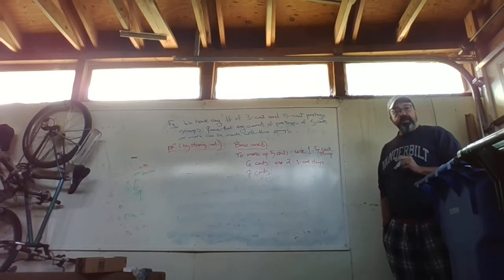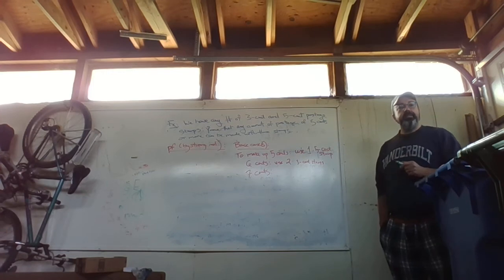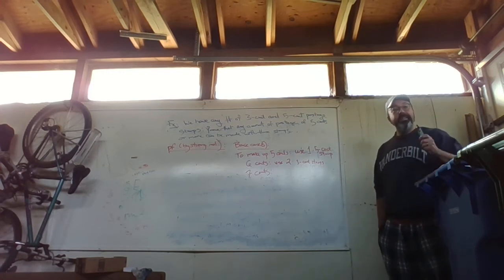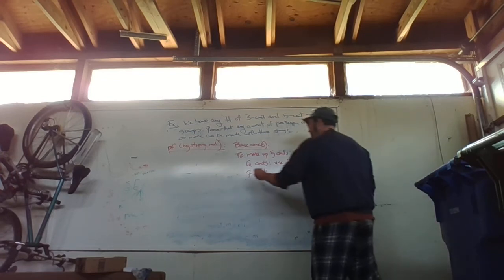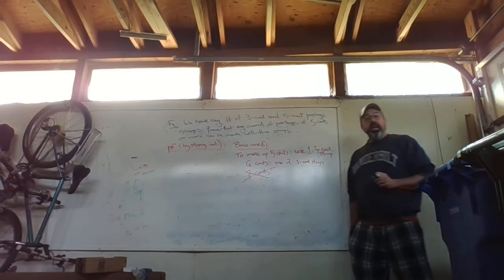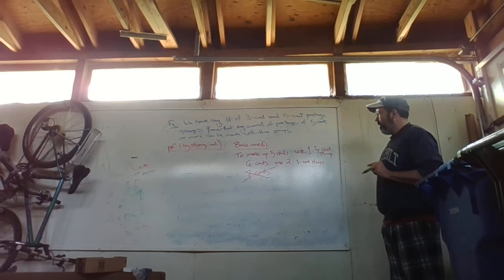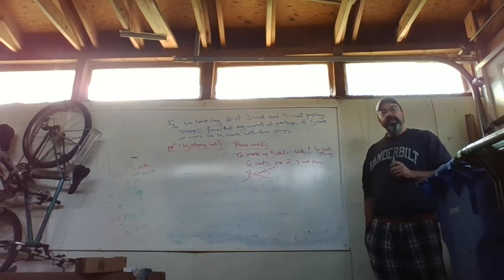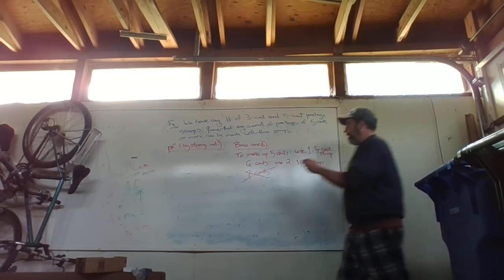And to make up 7, I just now realized at this very point in this proof that it is impossible to make up 7 cents. So we're actually not going to be able to do 7 cents. However, how could we do 8 cents?